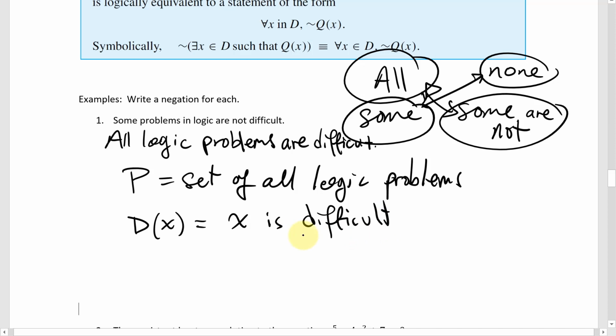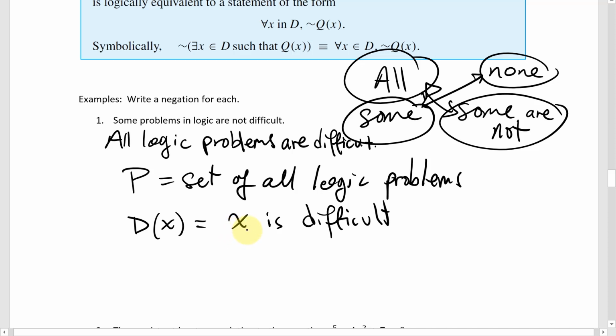I think that would be sufficient in the context here. For a particular problem X that belongs in the set P, the predicate D of X is really just saying this particular problem is difficult. It could be true or false. That statement is true or false depending on the actual value of X, whether it's one particular problem or another.